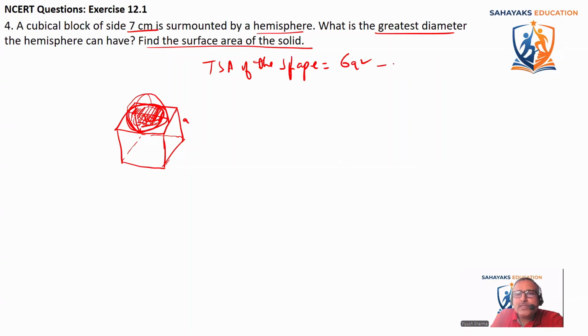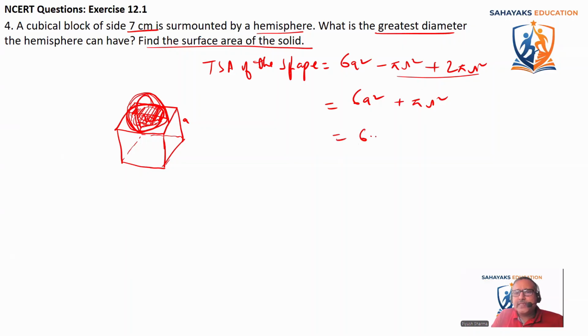That means we have to reduce pi r square. Plus, we need to add the curved surface area of the hemisphere, which is 2 pi r square. So it comes out to be 6a square plus pi r square, as 2 pi r square minus pi r square is pi r square.